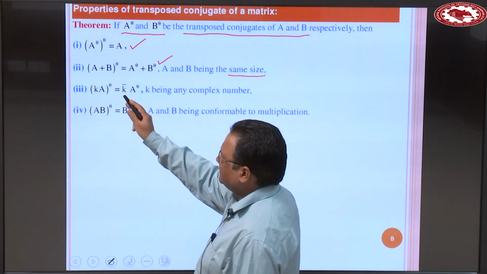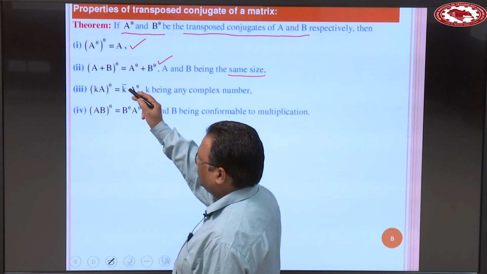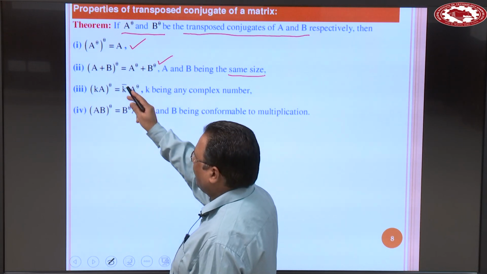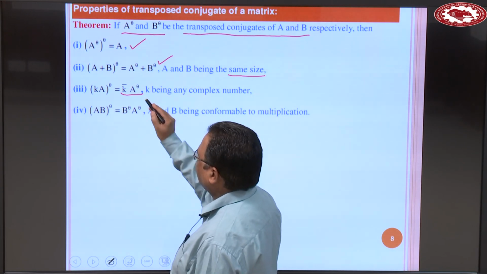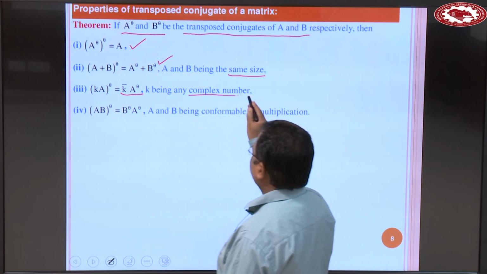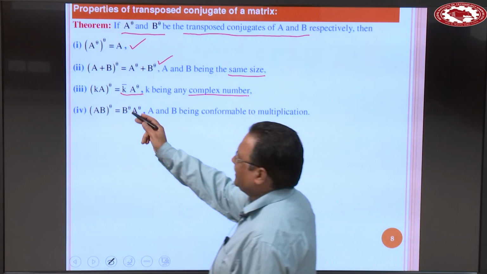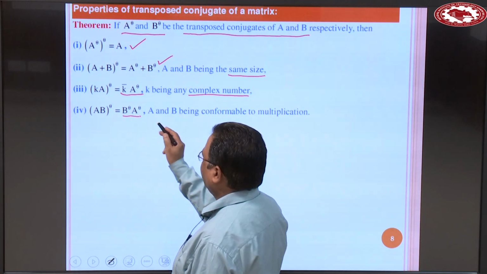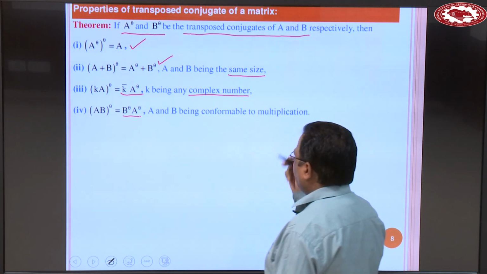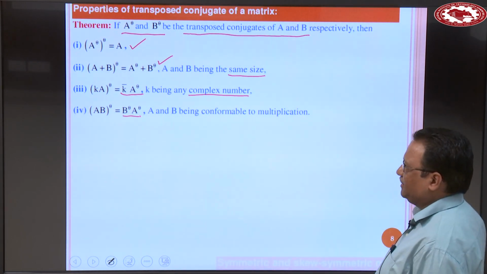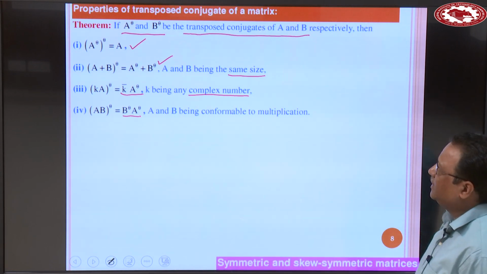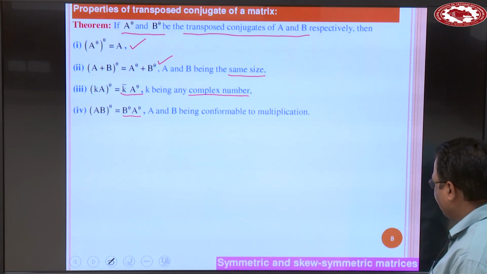(K A) theta is equal to K bar A theta, where K is any complex number. And (A B) theta is equal to B theta A theta, where A and B are conformable to multiplication. So, these are a few properties of transposed conjugate of a matrix.